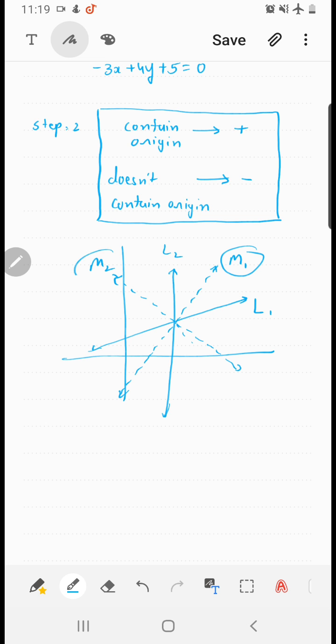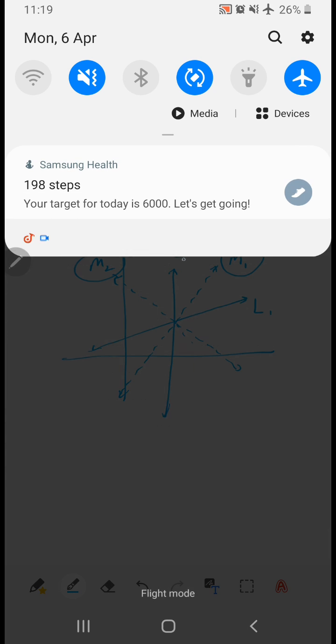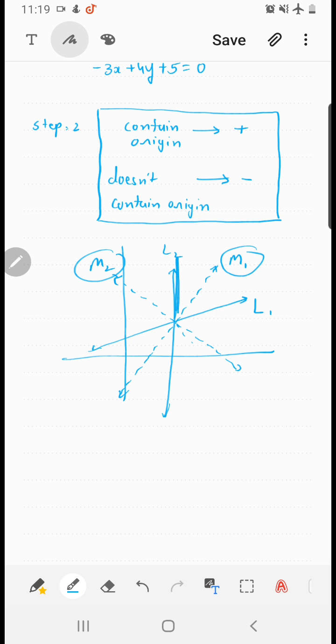Now just focus on M1 and M2. The region in which M1 lies is this region. On the other side, it is this region. In this region, it contains the origin. So when I am finding the bisector which contains the origin, I am talking about line M1.